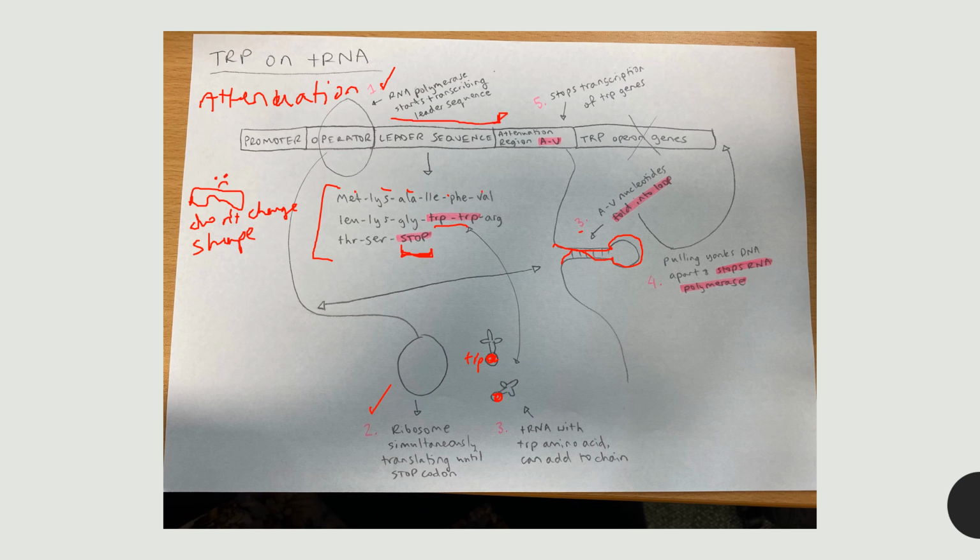So RNA polymerase gets to here, and then it gets yoinked off, flies away. It gets yoinked off at this attenuation region, which means that it cannot continue to transcribe the trp operon genes. So this pulling yanks RNA polymerase off and stops transcription early.